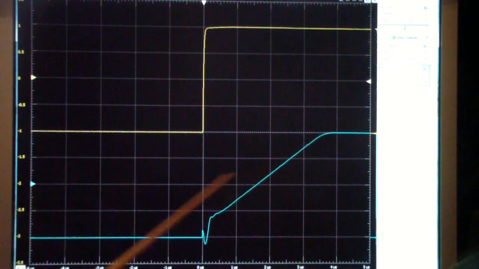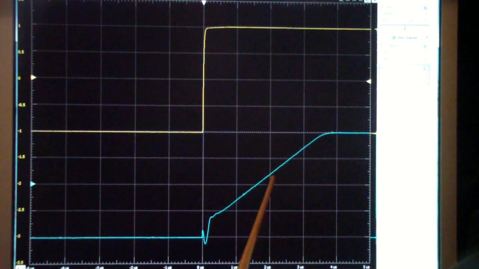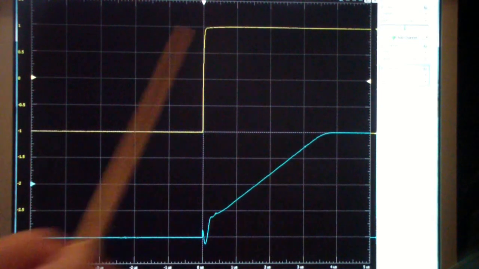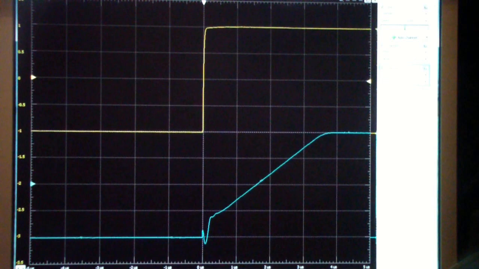In other words, the higher the supply voltages, usually the better the slew rate. And this particular amplifier, I think, has a plus and minus 18 volt limit. So I'm running it at about half its limit, about plus and minus 10 volts.